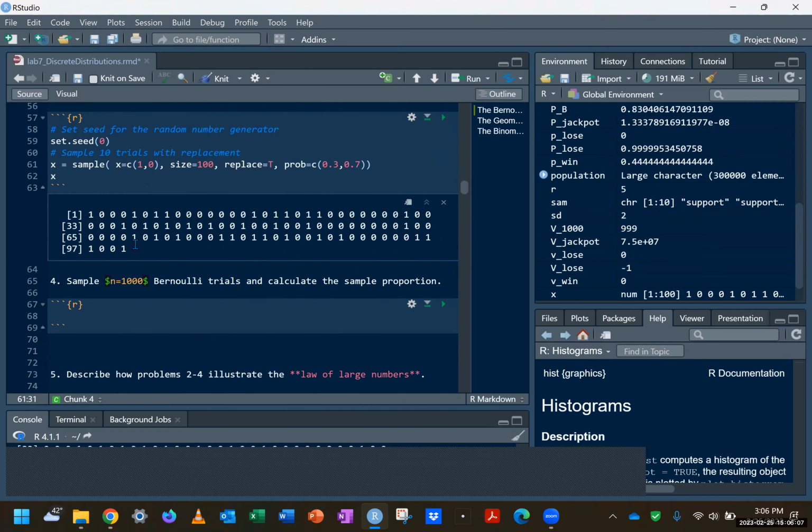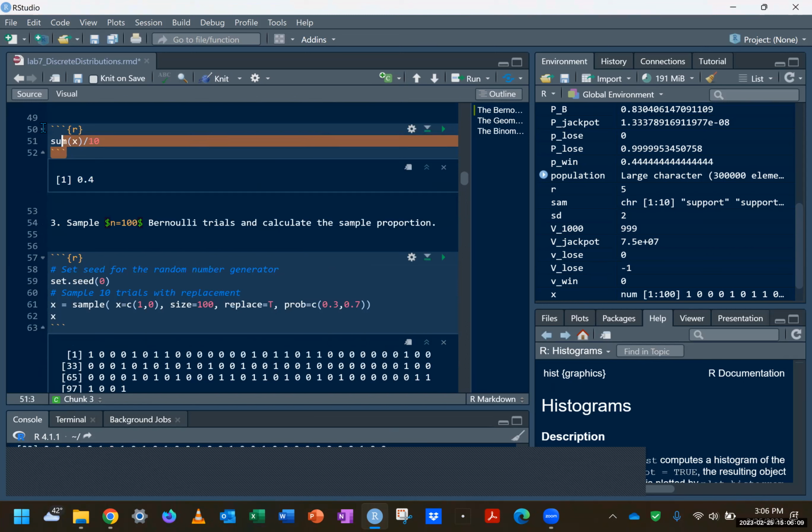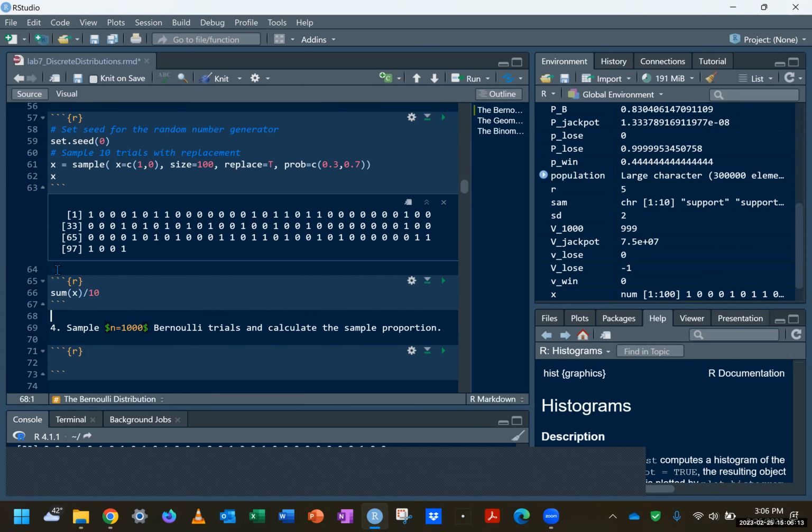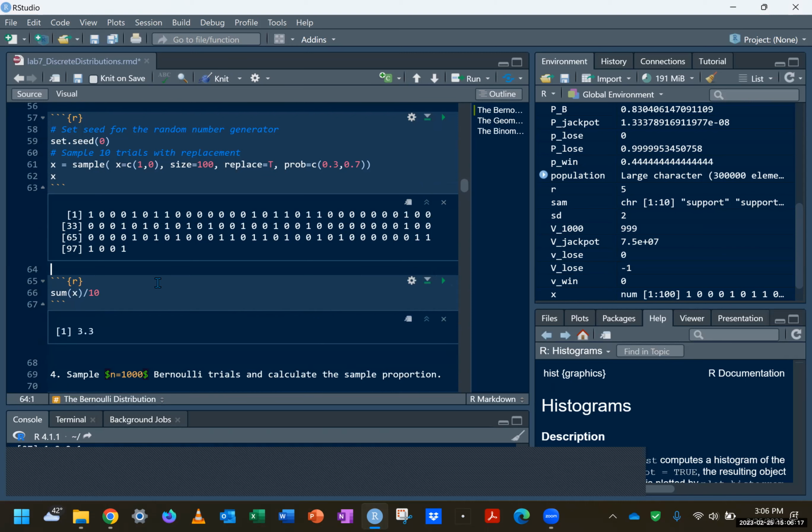Okay, there's 100 entries. And since x is still the same variable, I can just put that below and see how many samples I got. Ooh, what's wrong here? This is not a probability, it's not a proportion. Notice my sample size changed to 100, so I should divide by 100. There we go, 33%.